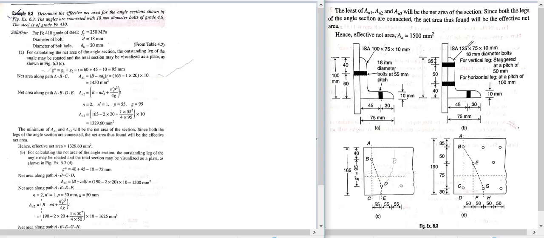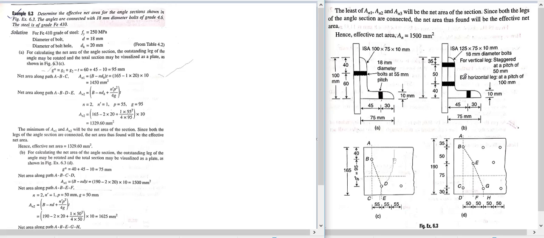Now the next figure is this. In this figure, 125 into 75 into 10 millimeter angles are given. There are two bolt lines here and there is also a bolt there. We don't know the number of bolts from this figure, there should be some other picture.